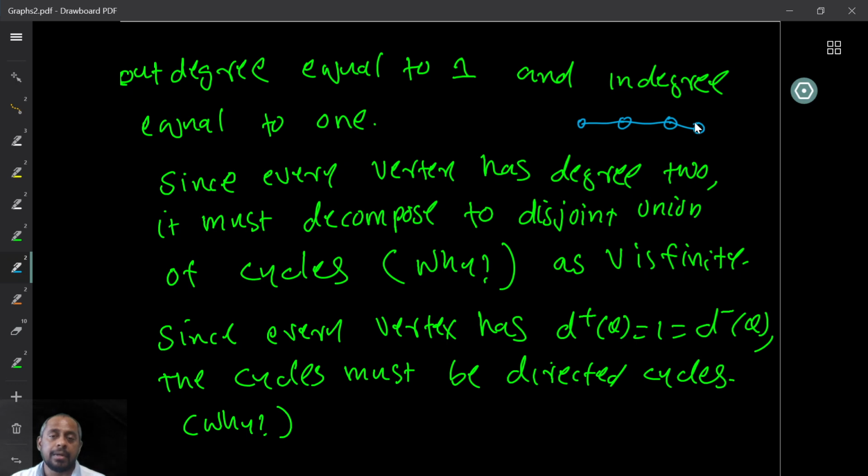So you keep on doing this because the degree is 2. Then eventually, the graph is finite, means that you have to come back, right? You have to, because once you enter, if you don't take that edge, you are going out, you cannot go out. Then again, once you enter, you can go out.